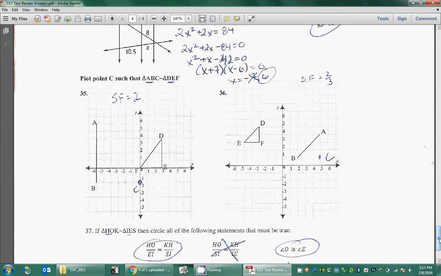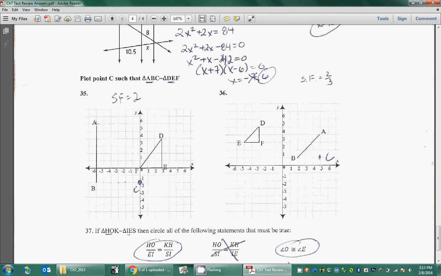Alright, for 35 and 36, basically what you need to do first is find the scale factor, and then kind of figure things out from there. So for 35, AB, you'll notice, is matching with DE.